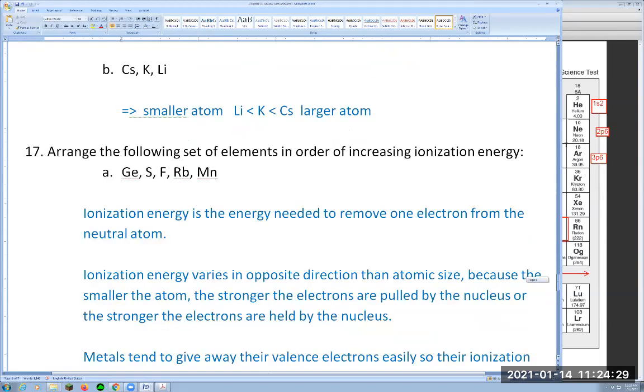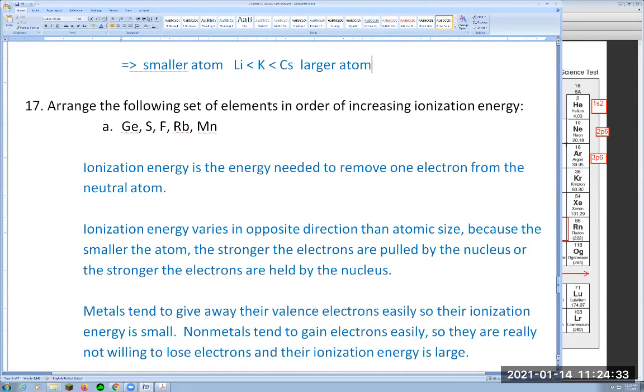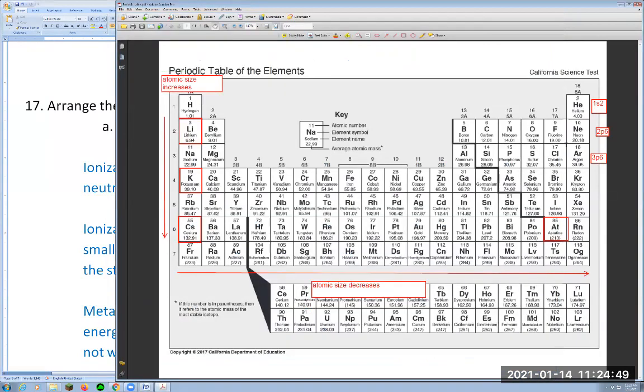So here, another thing that you can use to remember how it varies. We know that metals tend to give away their valence electrons easily because they like to become positive ions, to be like the previous noble gas, right? Metals, remember, are on the left side of the periodic table.